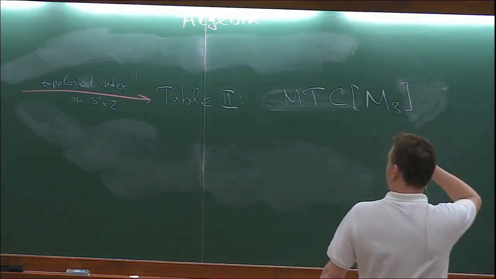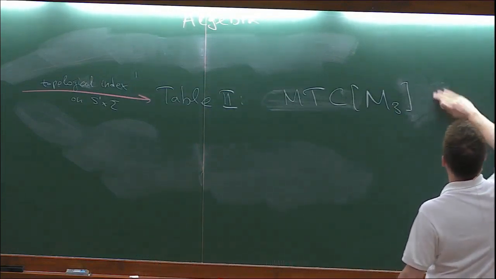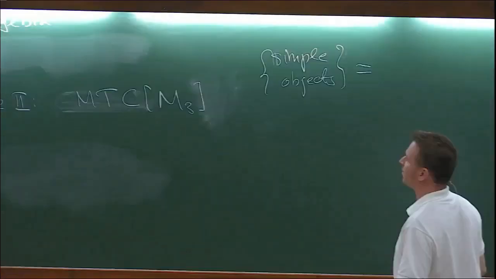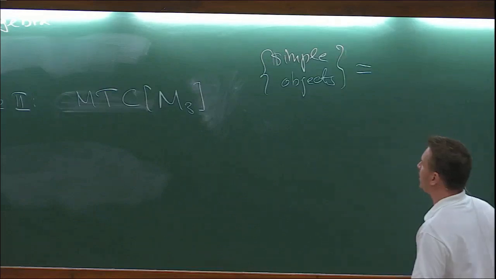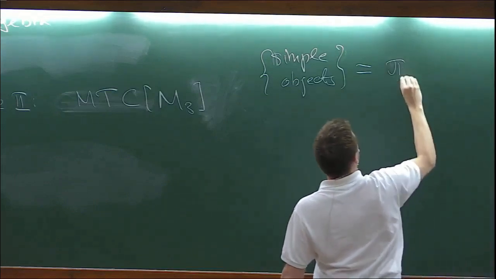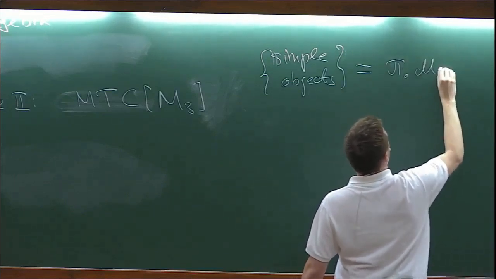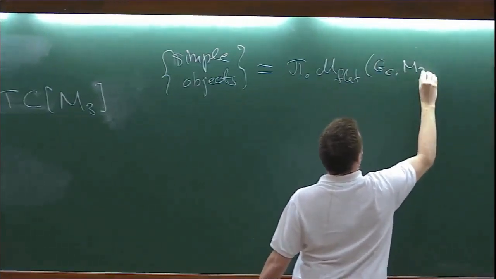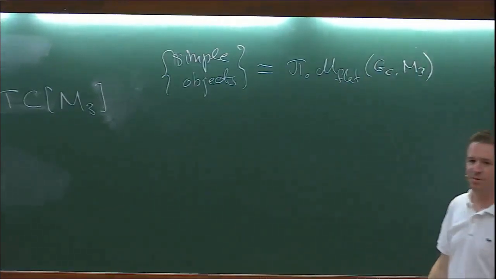So if you're a mathematician, you probably care about, for example, the number of simple objects in this MTC. And the set of simple objects here is pretty much the same as the set of connected components of complex flat connections on a three-manifold.